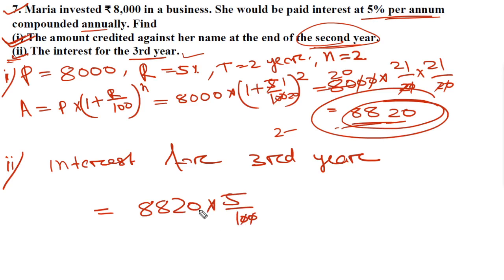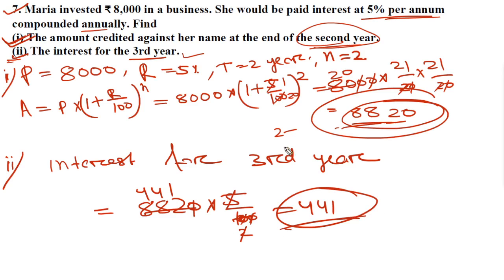Now you can cancel 1 zero, then you can cancel 5 twos are 10, then you can cancel 2 with 4. So the answer will be 441. That means the interest for the third year is 441.